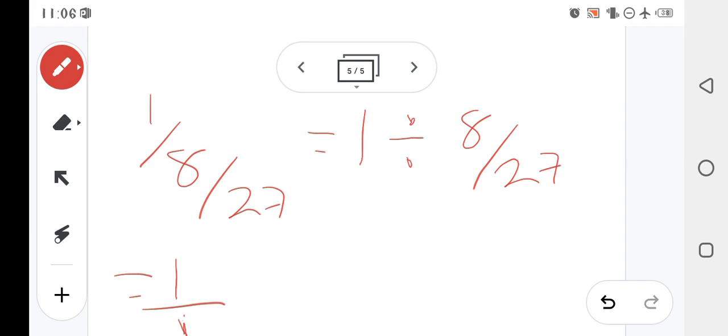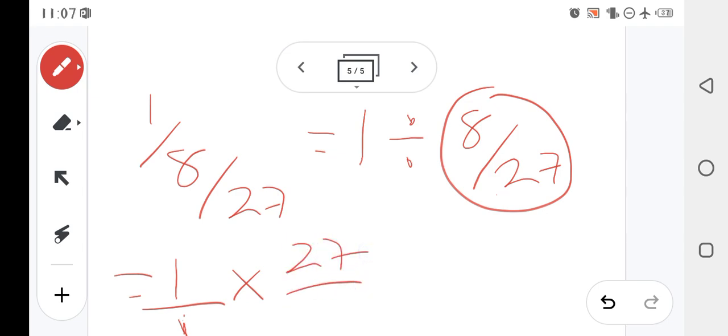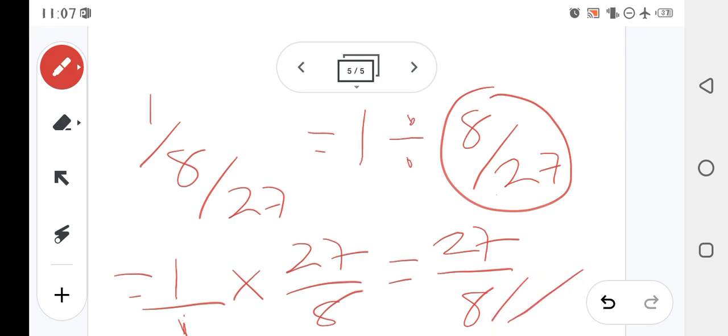In order to do this, I'll just take the reciprocal of this fraction here, meaning that I'll multiply by, I'll just take my 27 up and bring my 8 down. So it becomes 1 times 27, which is 27, over 1 times 8, which is 8. So the answer is actually 27 over 8.